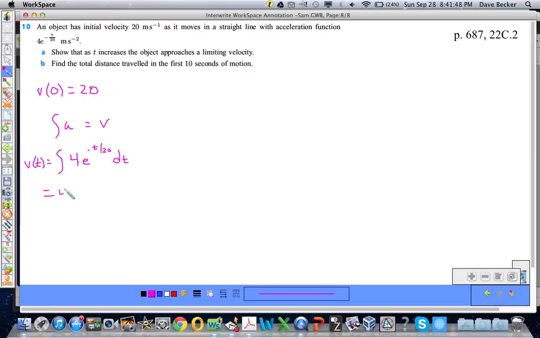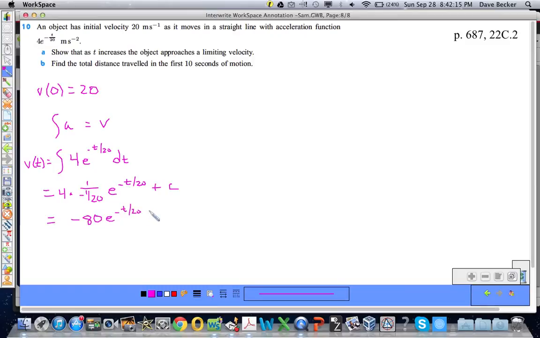That's going to be 4 multiplied by 1 over negative 1/20 times e to the negative t over 20 plus c. So 1 over negative 1/20 is negative 20, and that becomes negative 80 e to the negative t over 20 plus c.